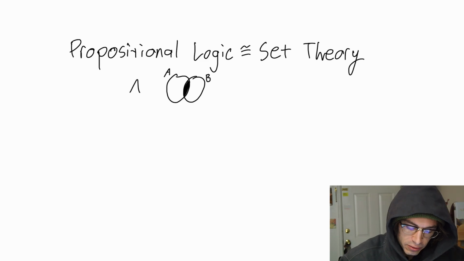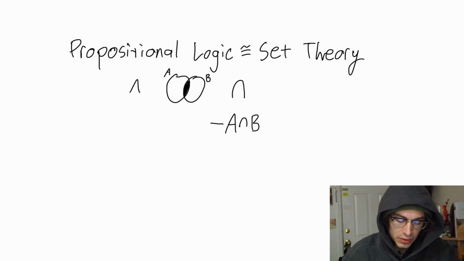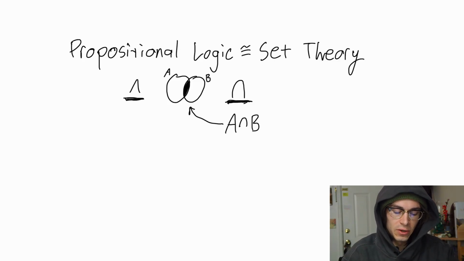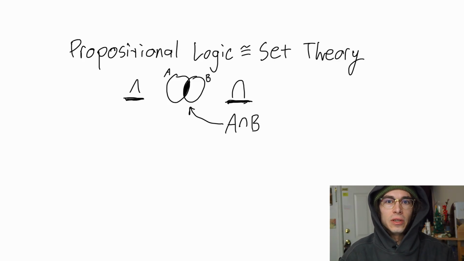In set theory, we have something called intersection. So A intersection B. And this picture here is actually representing this intersection in set theory, more so than this conjunction connective in propositional logic. But the two concepts are logically and conceptually the same.